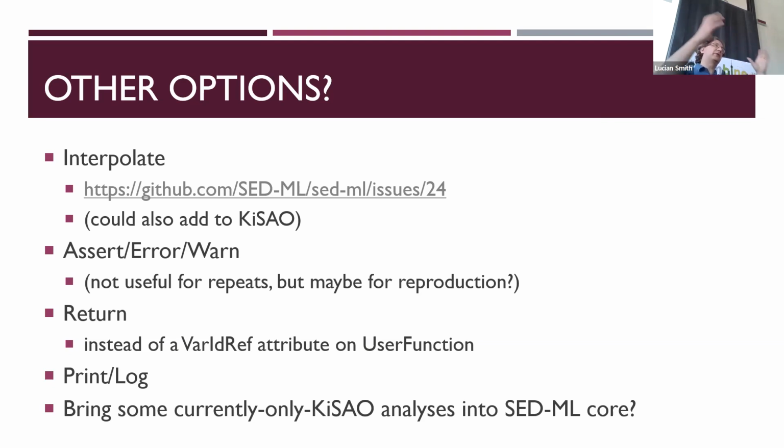You assert something is true because this should be true at this point. And if you're searching down problems, it makes it a little bit easier. I could imagine a return command instead of just returning the local variable that is sim5 or something. I could also imagine a use for print statements, log statements, something like that.